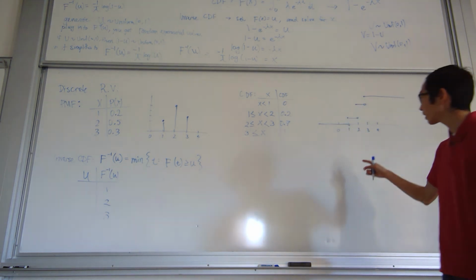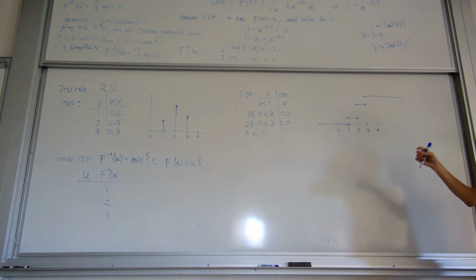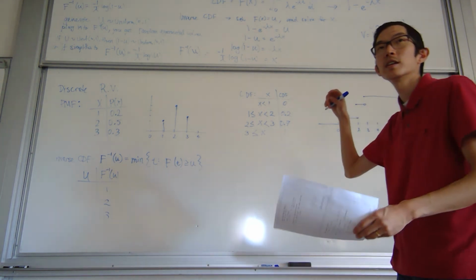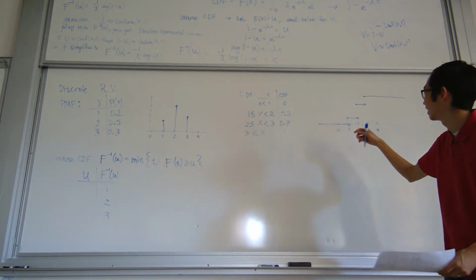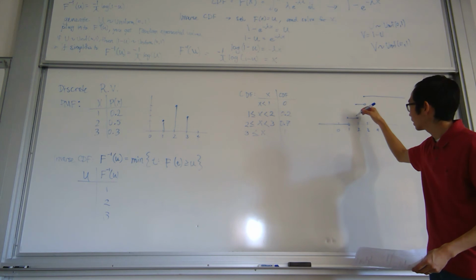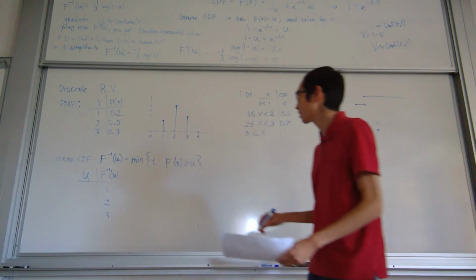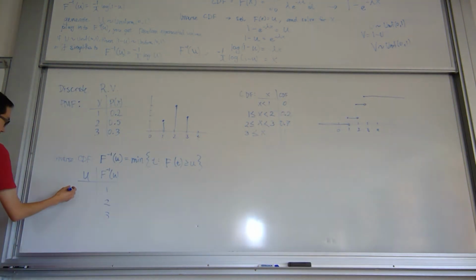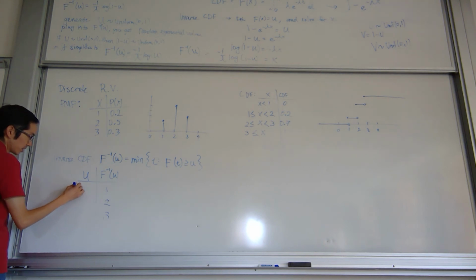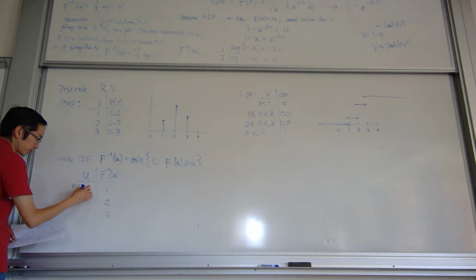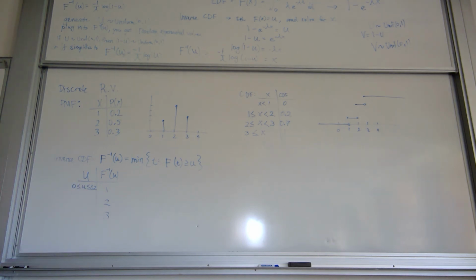Okay, so what values will map to 1? It's basically everything 0 less than u less than or equal to 0.2. From 0 to 0.2, it will map to 1.